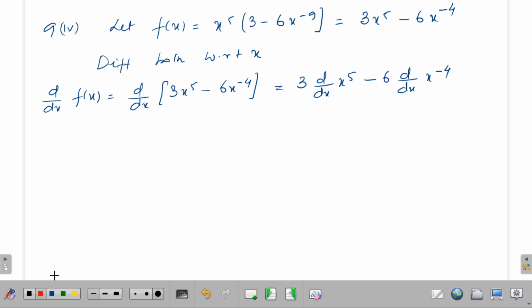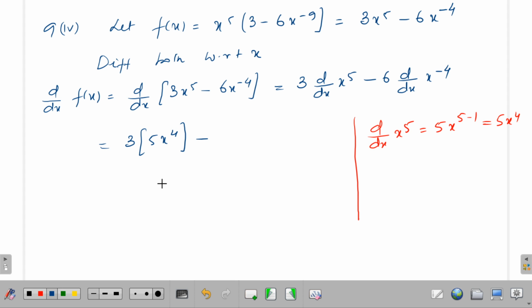Now again the same thing, let me do it rough. d by dx of x to the power 5 would be 5 and then x to the power 5 minus 1, which is 5x to the power 4. So I'll get the answer 3 times 5x to the power 4 minus 6 there. The next thing will be d by dx of x to the power minus 4, which is minus 4x to the power minus 4 minus 1, so I'll get minus 4x to the power minus 5.